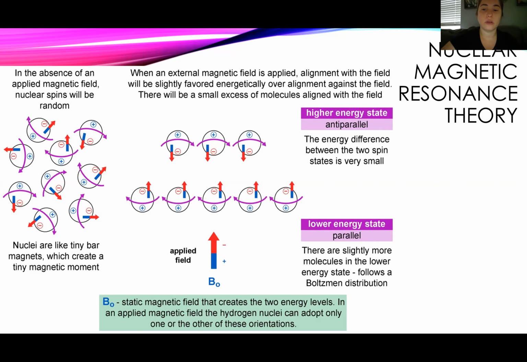And then there will be an alignment with the field and an alignment potentially against the field. And usually there are more molecules aligned with the field than against, and so you have an excess of those aligned with the field. This is a lot more detail than I'm ever going to ask you about, again, just in case you're panicking. So these atoms can either be spin down or spin up, essentially.